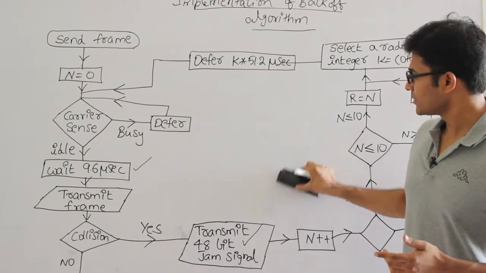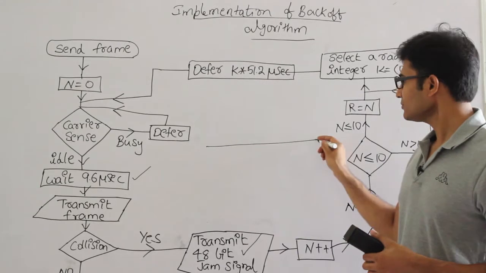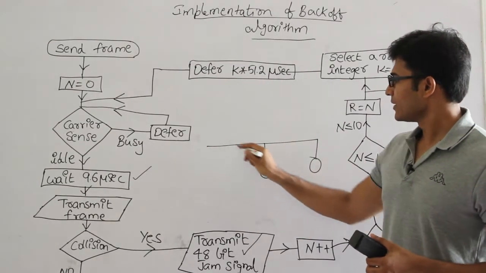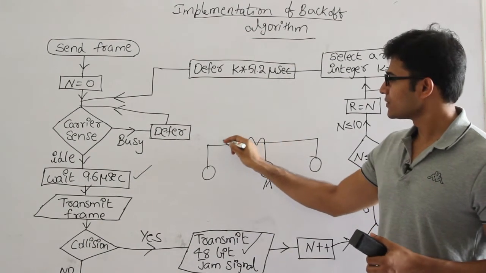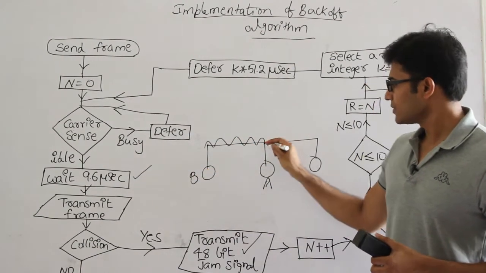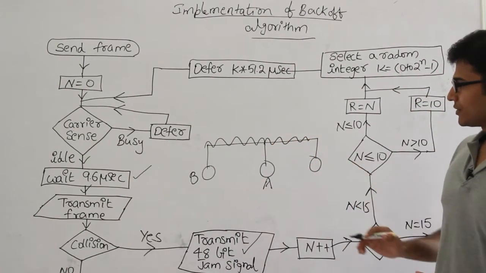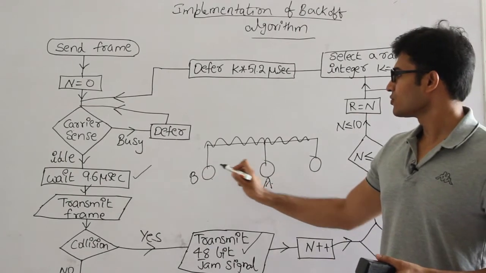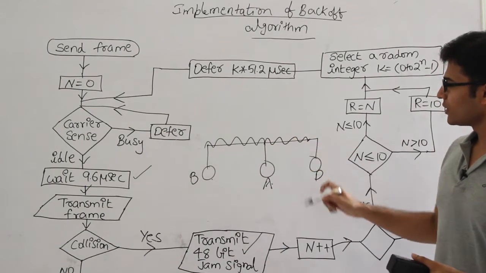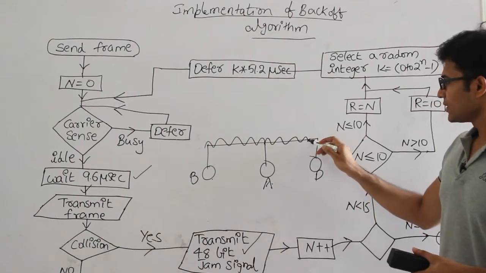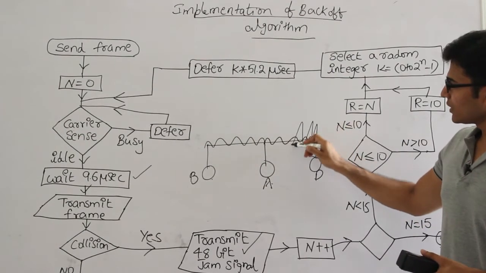Why this jamming signal is implemented is, let us assume there is a station A sending a message to station B, but since it is a bus architecture, the data signal will go in both directions, right? So A wants to send a message to B, the message is going in both directions and B is reading, and suddenly there is a collision at B, and therefore the collision signal came back.